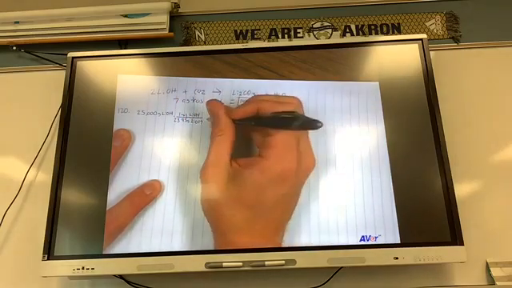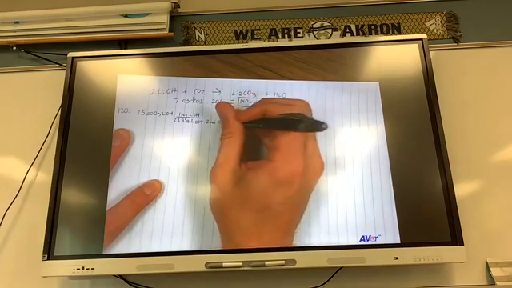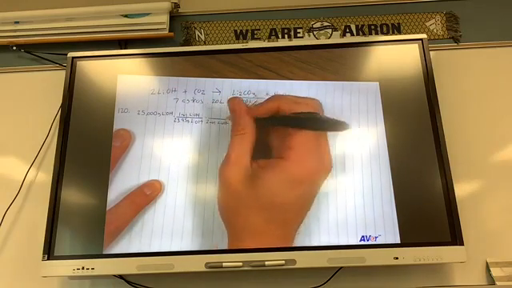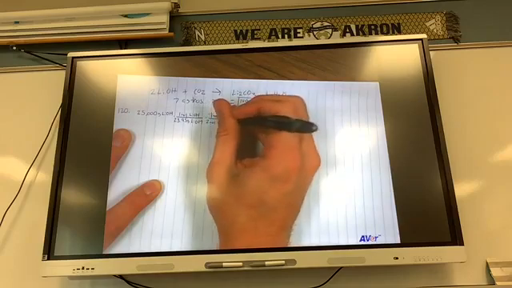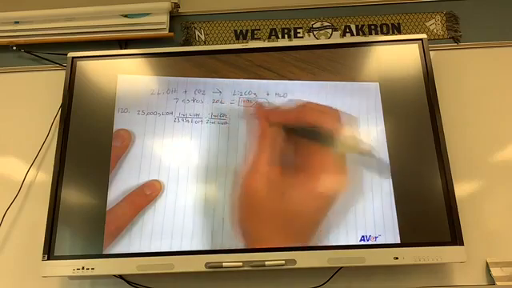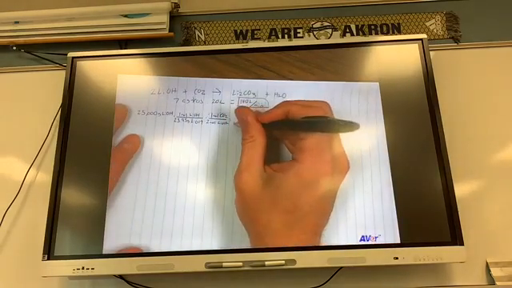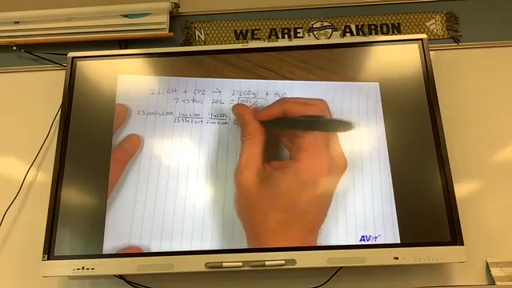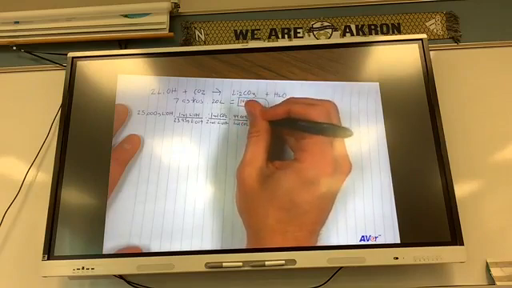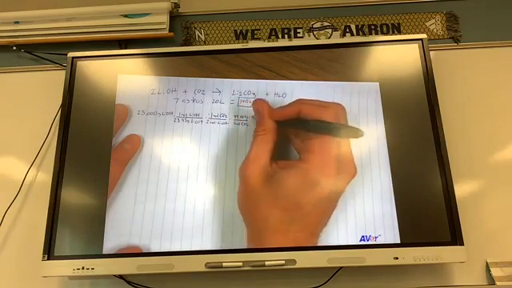Stoich step: there are 2 moles of LiOH for every 1 mole of CO2. I know that every 1 mole of CO2 weighs 44.009 grams of CO2.